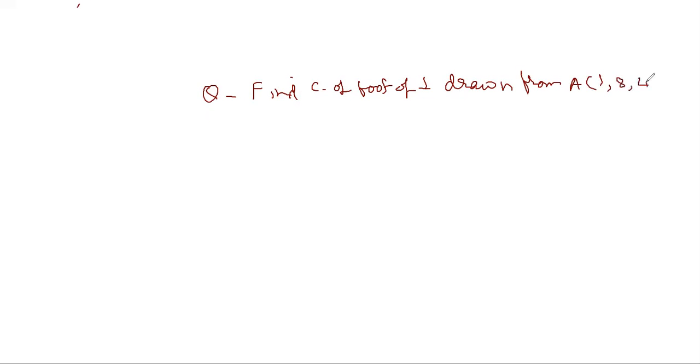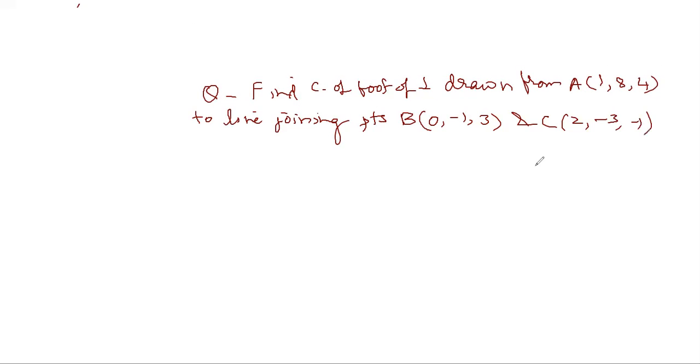So the question is, find the coordinates of the foot of perpendicular drawn from A (1, 8, 4) to the line joining points B, whose coordinates are 0, -1, 3, and C, whose coordinates are 2, -3, -1.